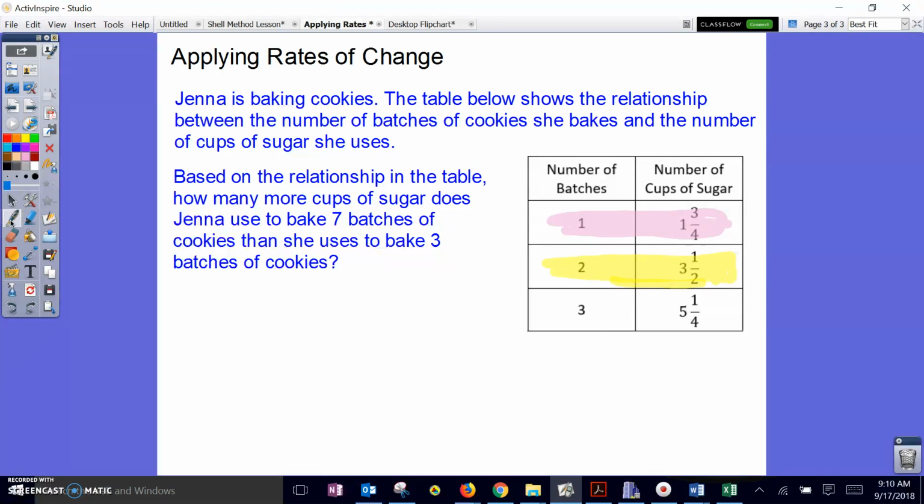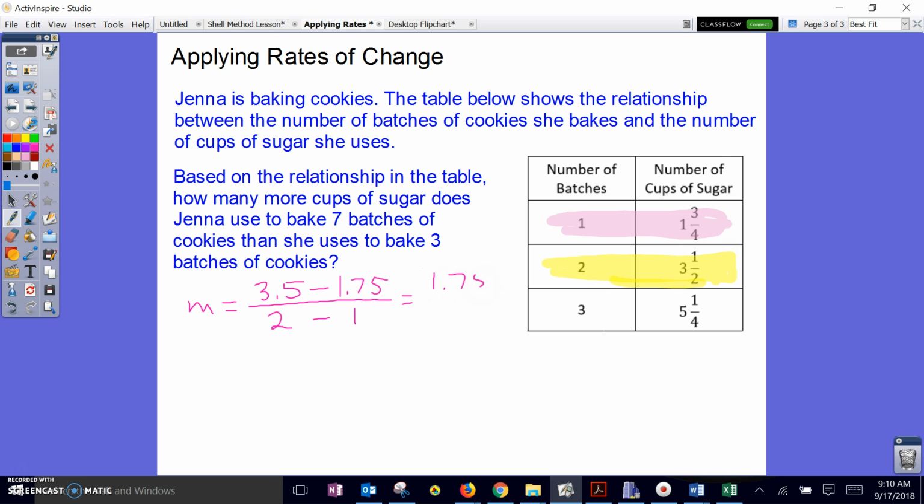and when I do this slope calculation, I'm going to convert these mixed numbers into decimals for calculation purposes. So 3½ is 3.5, and 1 3/4 is 1.75.